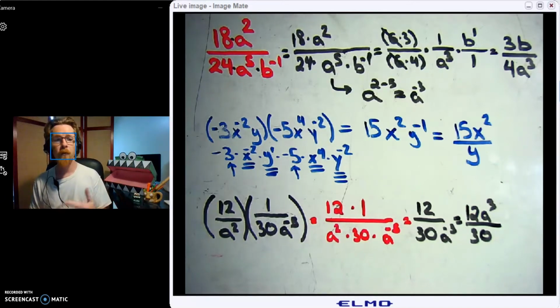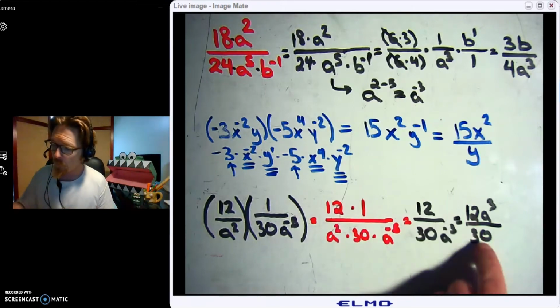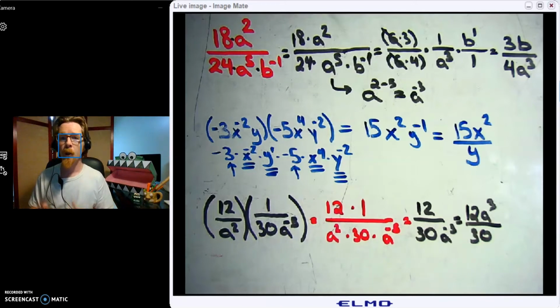12 divided by 2 is 6, and 30 divided by 2 is 15. Now 6 and 15, those also share a common factor of 3. 6 divided by 3 is 2, and 15 divided by 3 is 5. And so 12 and 30, the largest common factor is 6.